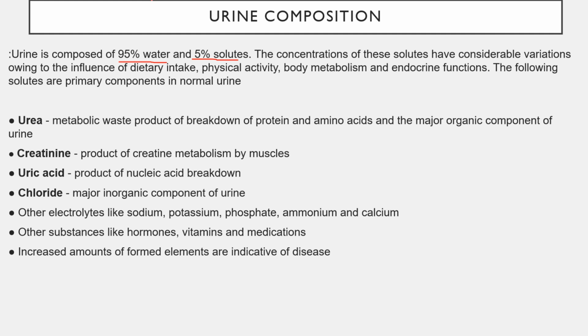That's why there is only a very small amount of solutes in urine, only 5%. Now, the concentration of the solutes has considerable variations owing to the influence of dietary intake, physical activity, body metabolism, and endocrine function.